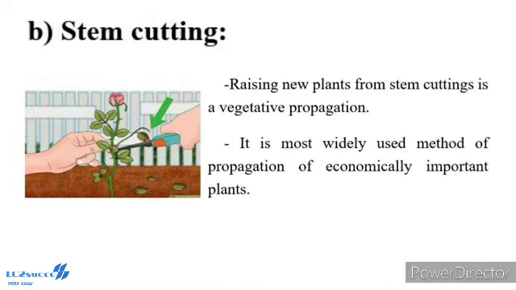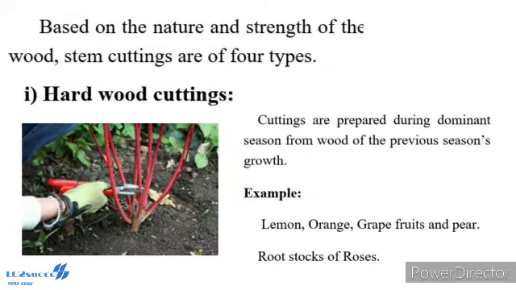Second method, stem cuttings. Raising a new plant from stem cuttings is vegetative propagation. It is propagation by cuttage. It is the most widely used method of propagation of economically important plants. Based on the nature and strength of the wood, there are four types of stem cuttings.